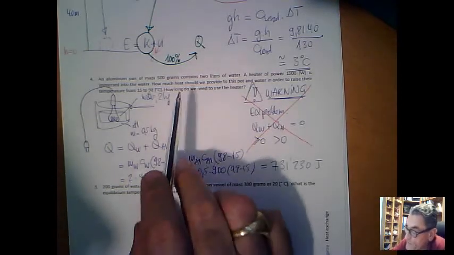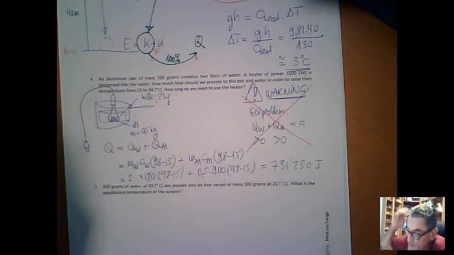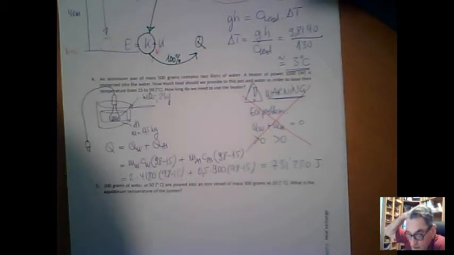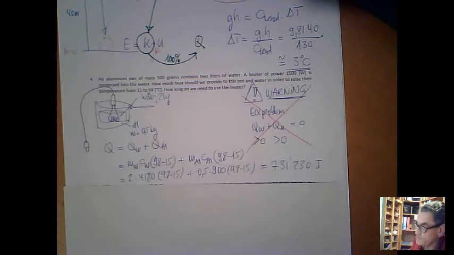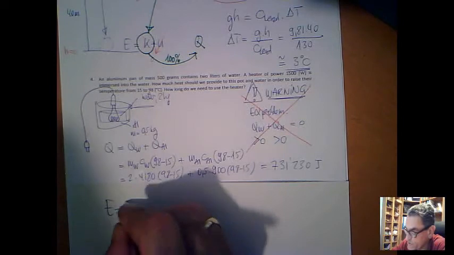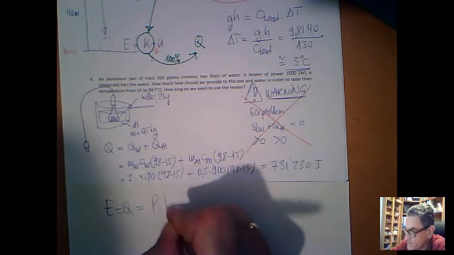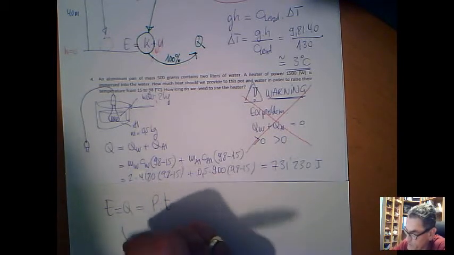And now we have a heater which has a power of 1,500 watts. So it's very easy to compute the time we need. The energy, which here we call Q, is produced by some power during some time. So the energy is the power times the time.